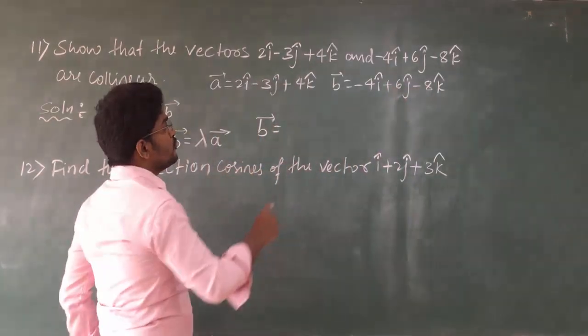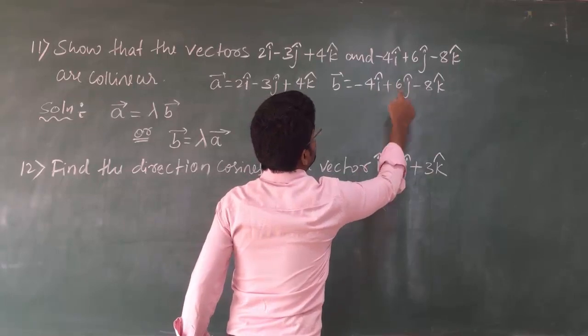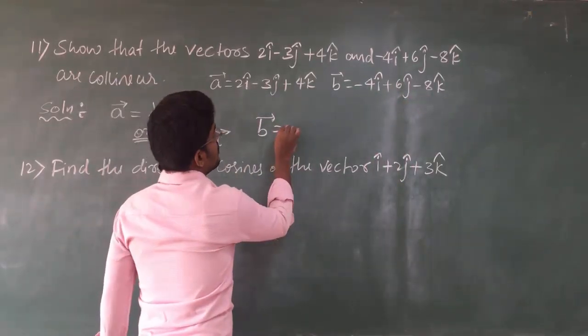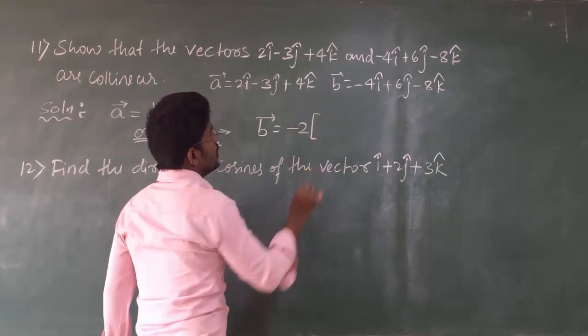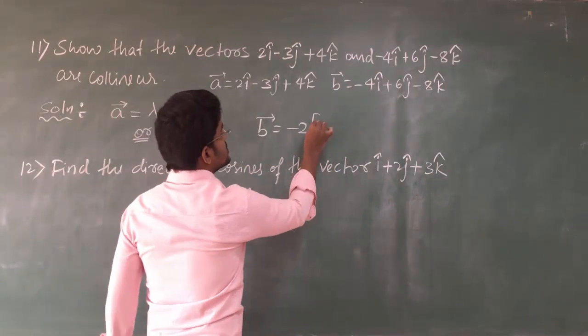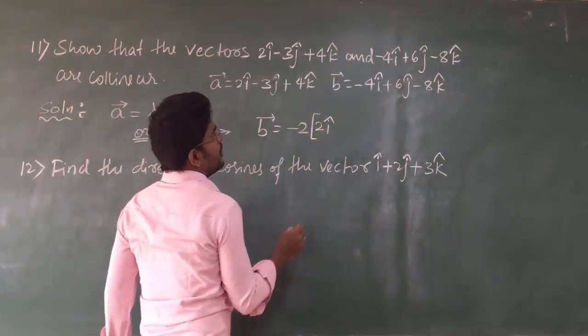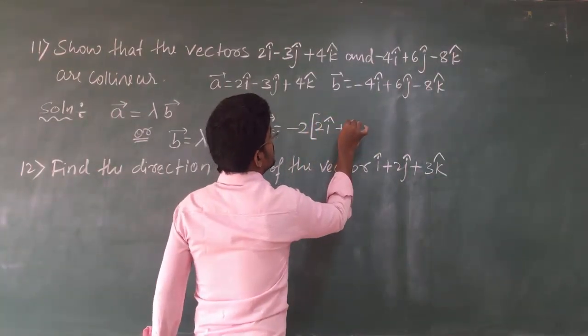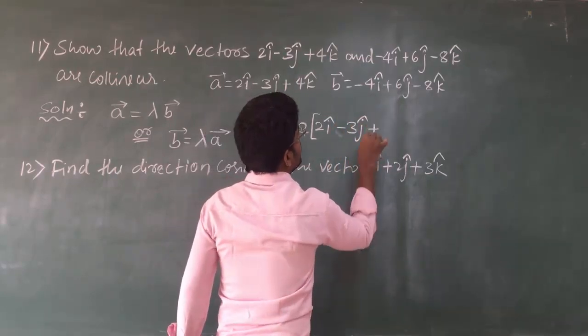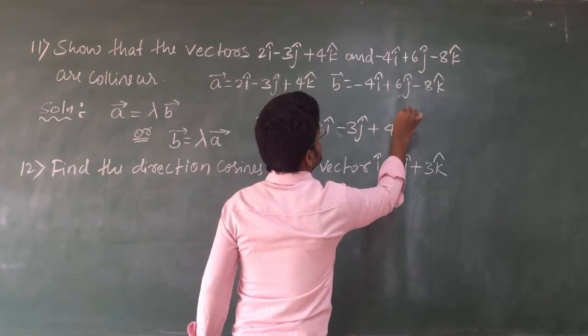From these three terms, what will I take common? I will take common minus 2. Here I have taken minus 2 as common, then the remaining terms are 2i cap plus minus 3j cap plus 4k cap.